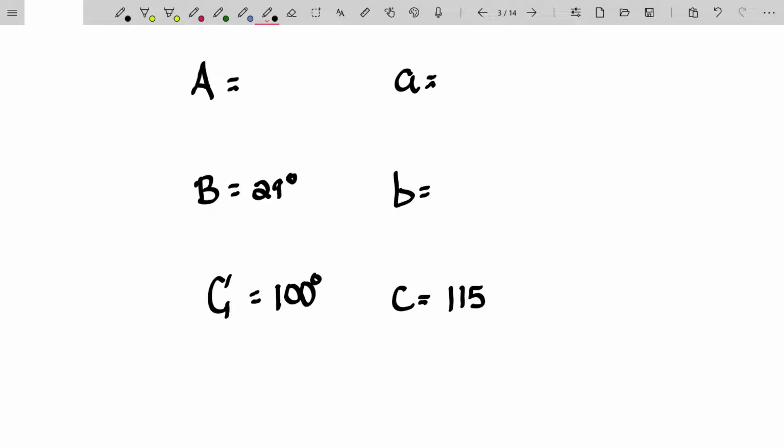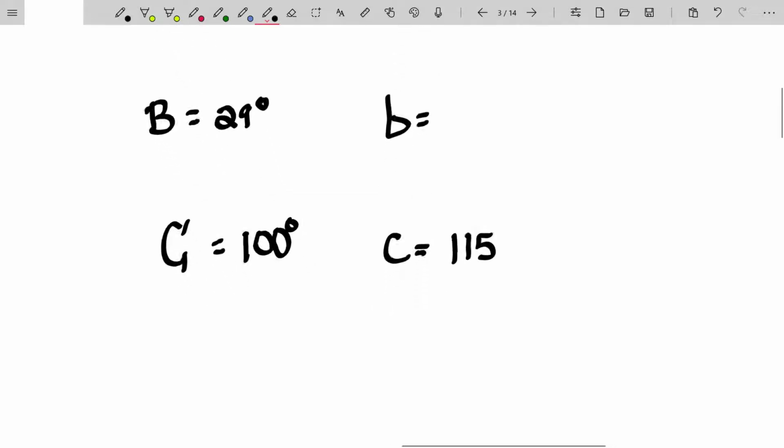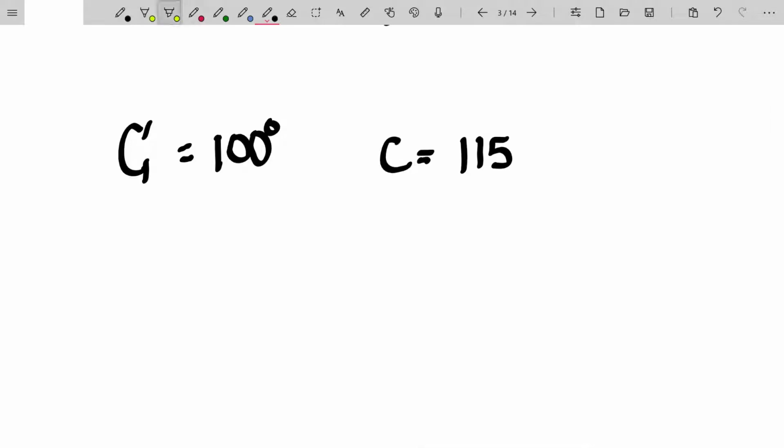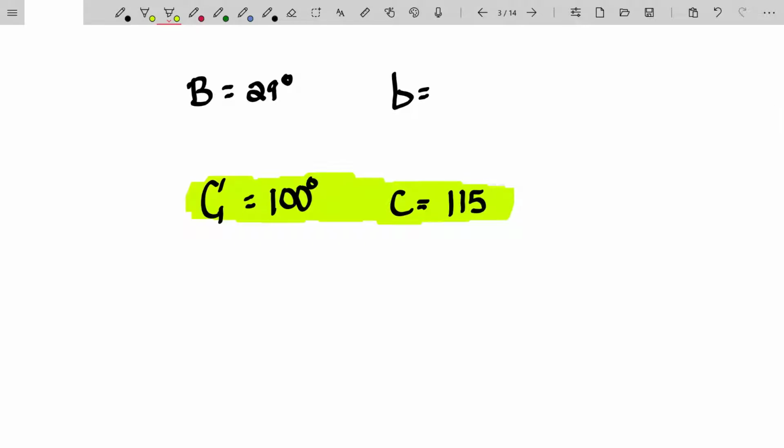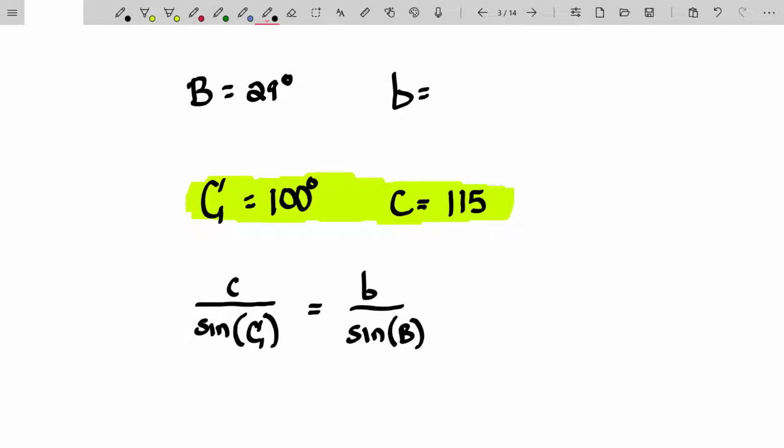And the key to knowing that you're going to use the law of sines is the fact that you have a complete row. Once you have a complete row, you know law of sines can be used, because remember, law of sines says the following: side C is to the sine of angle C as side B is to the sine of angle B.